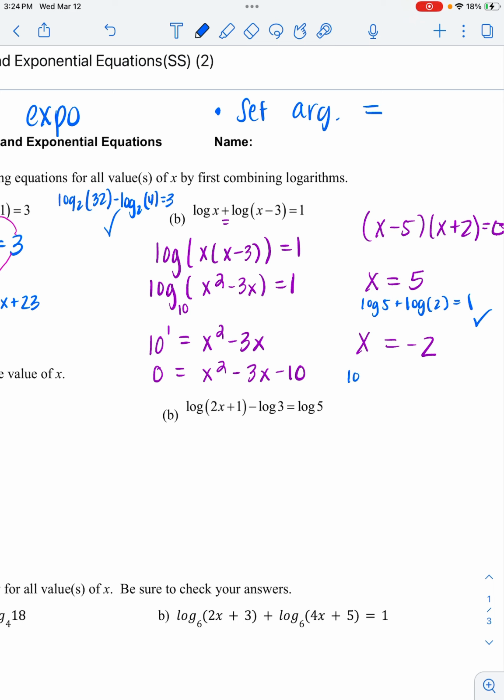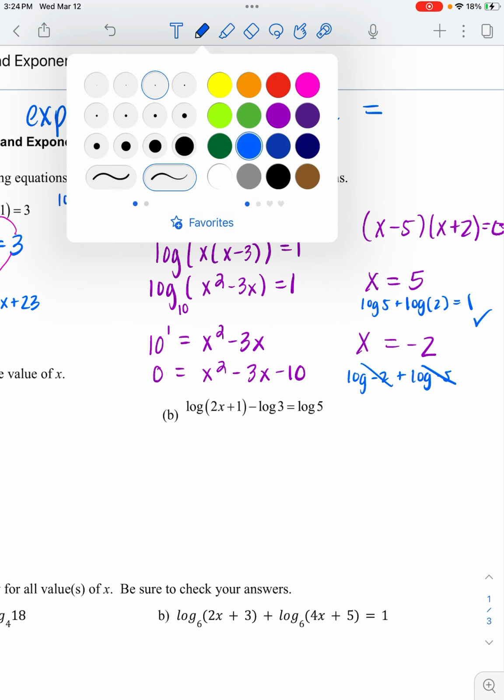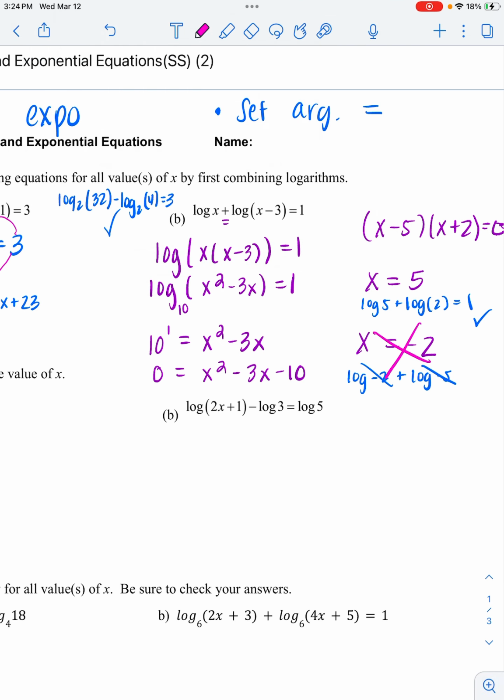But when I do log of negative 2 plus log of negative 5, right away I should notice, uh-oh, the argument is negative? That's not good. Thus, this is an extraneous solution. So remember, we cannot have negative arguments.